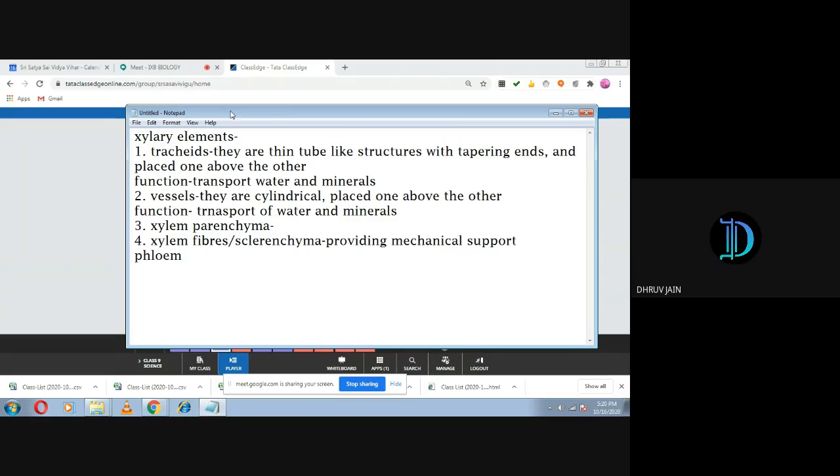Xylem parenchyma, they are parenchymatous tissues.